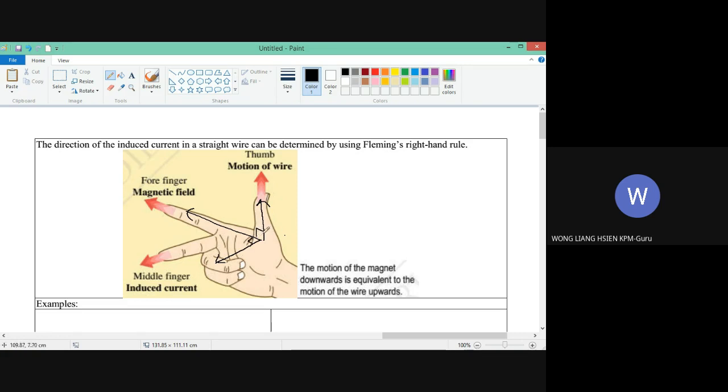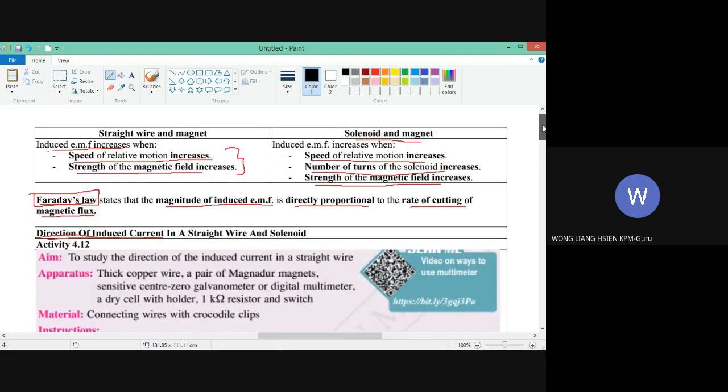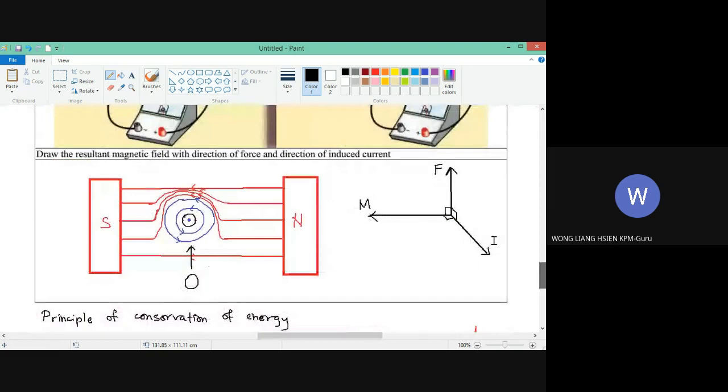All three are perpendicular to each other. So this is the same as this. Or maybe this one I should draw. Okay, I draw this here, like this.